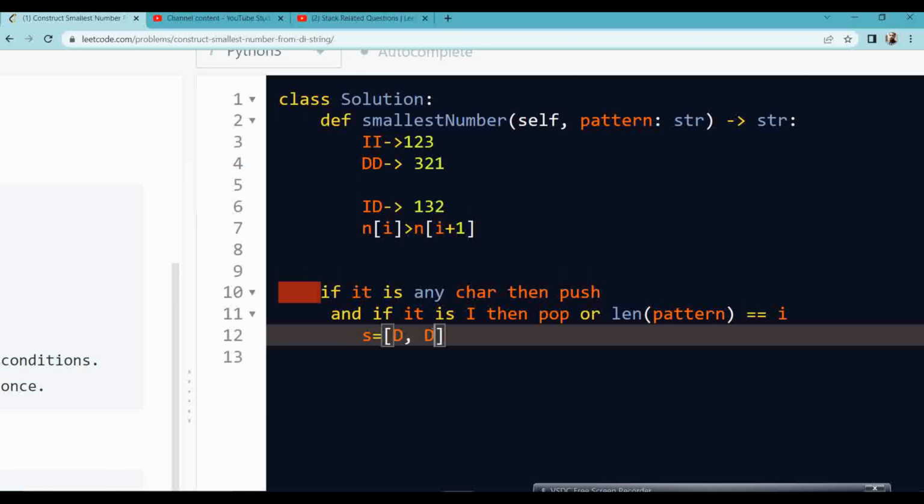This is for 0, this is for 1, again it is not. Now I will go for i plus 2.